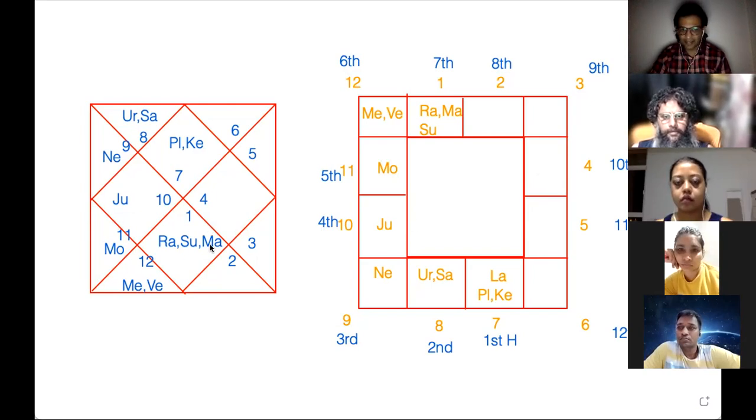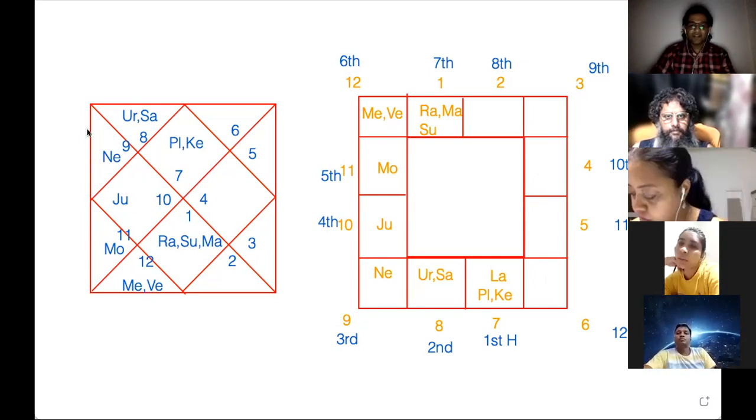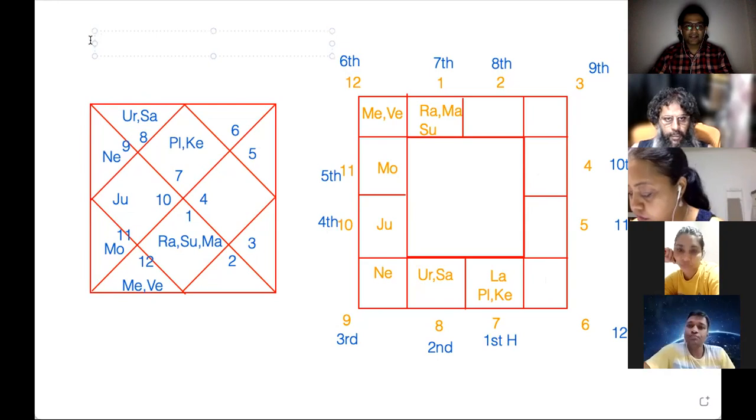Here also it will come the same way, 6th Rashi, 12th house, but the direction is different. Understood? So this is the North Indian style.